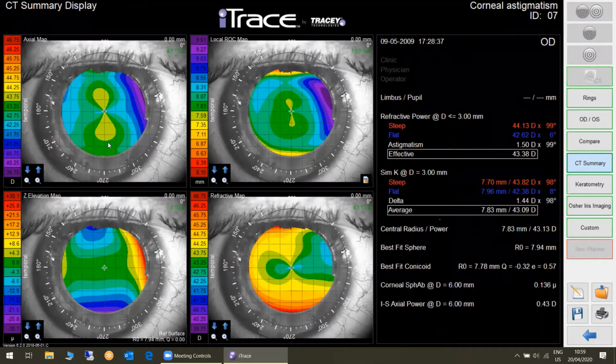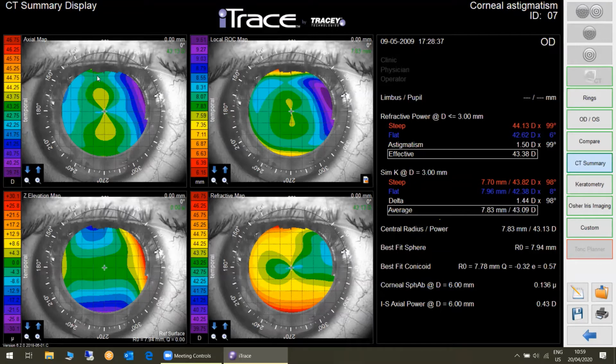Now, how do I always describe an astigmatism? I always use 3 adjectives. The first one is with the rule or against the rule. With the rule happens about 60% of all astigmatism. That's why they call it with the rule. There's a rule. The second adjective is regular or irregular.